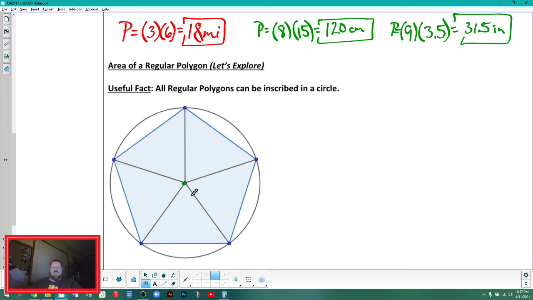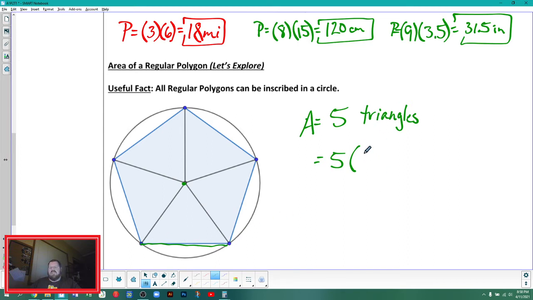In order to know the area, I need to know what the base is. The area is going to be made up of these 5 triangles, and those are all the same size. So let's try to find the area of one of them.